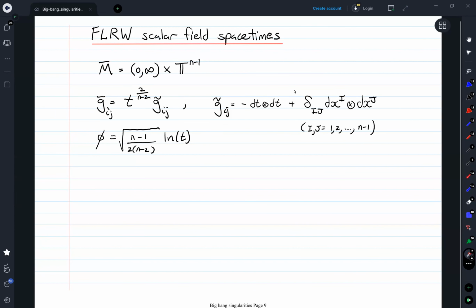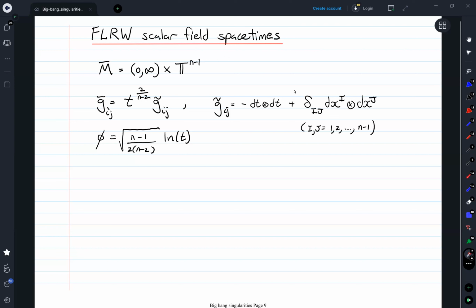You can now go check that by direct substitution and verifying that this satisfies the Einstein scalar field equation. Now, what makes this solution interesting, and it gives an explanation of why I only go from 0 to infinity, is that if you just look at these formulas here, if I set t equal to 0, the space-time metric becomes 0. Well, that can't happen, because to be well-defined the space-time metric has to be non-degenerate.